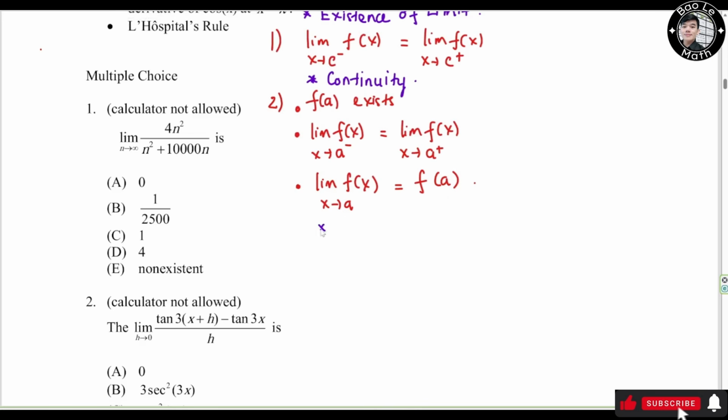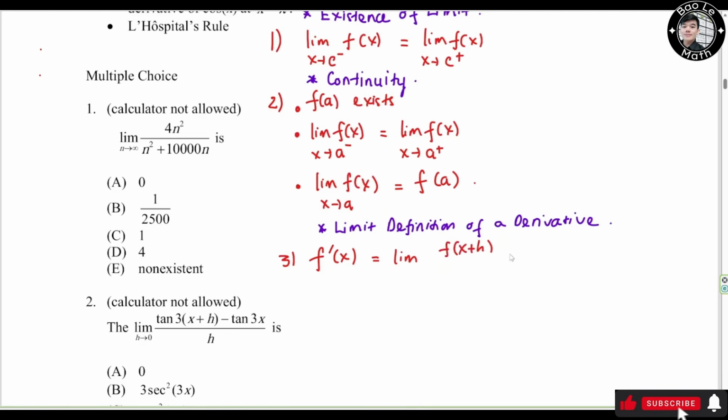Number 3, we're going to talk about the limit definition of a derivative. So we have f prime of x equals the limit of f of x plus h minus f of x over h as h approaches 0.